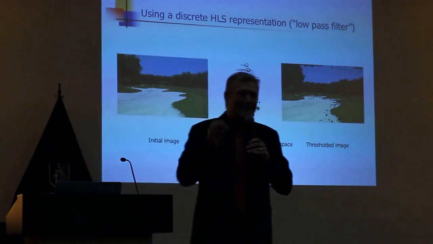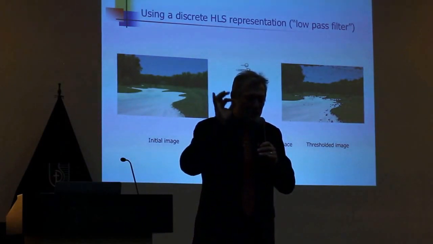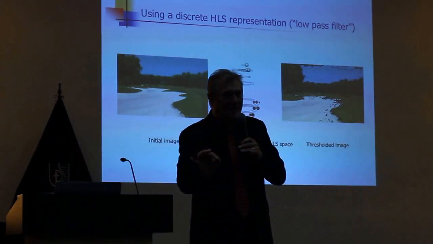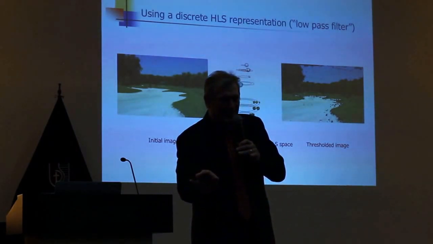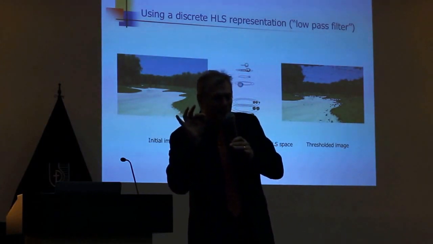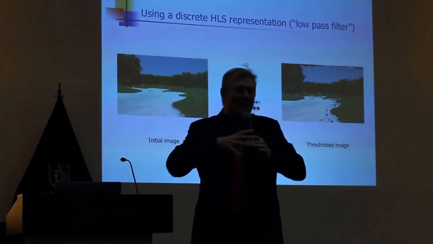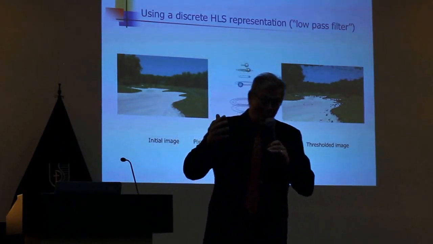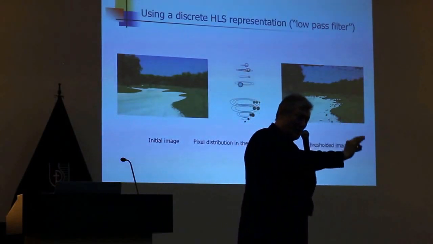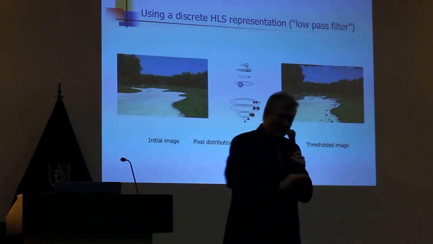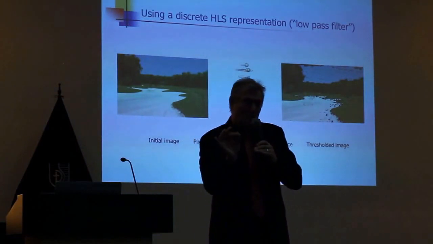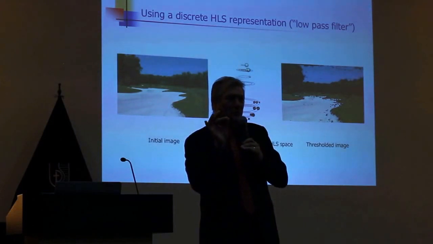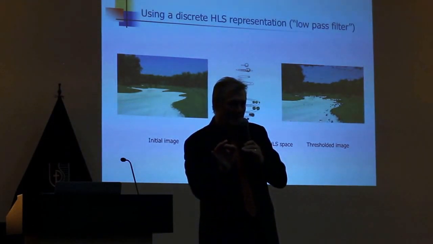That is, instead of considering each pixel of the image that gives a given HLS value in the HLS space, and instead of going on a given position, we vote in a given area. So instead of doing that, we consider that each of these pixels is not a punctual value in the HLS space, but a potential generator in this space.